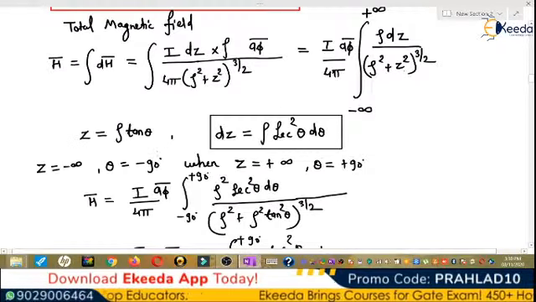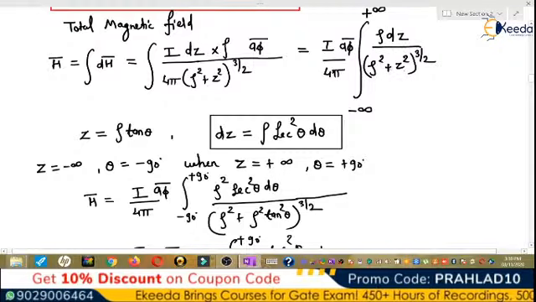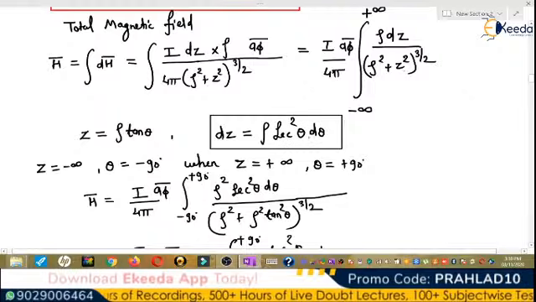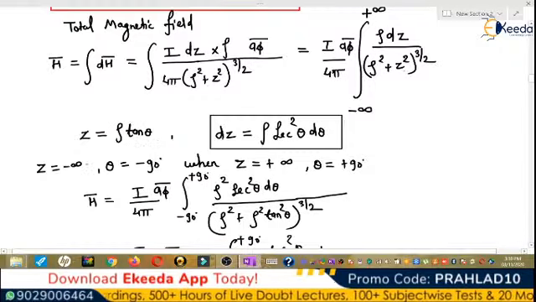We have to solve this integration. We put z equal to rho tan theta, so dz is rho sec square theta d theta. When z is minus infinity, theta is minus 90 degrees. When z is plus infinity, theta is plus 90 degrees.